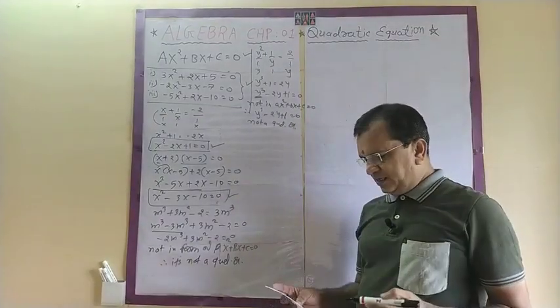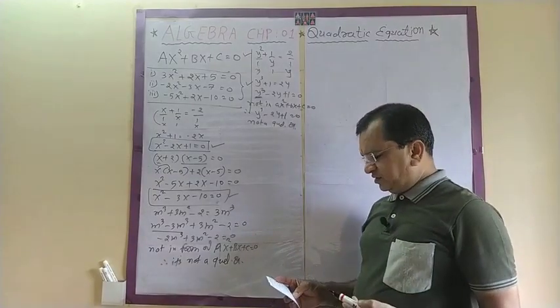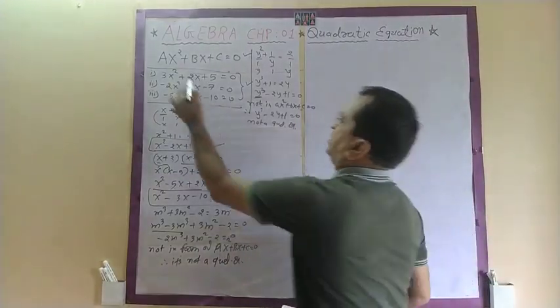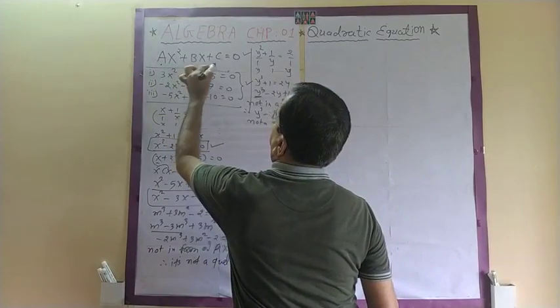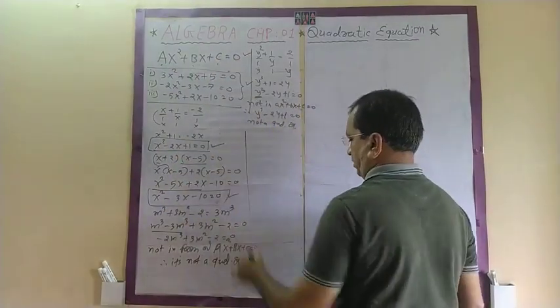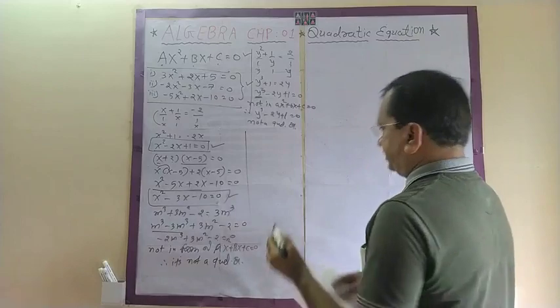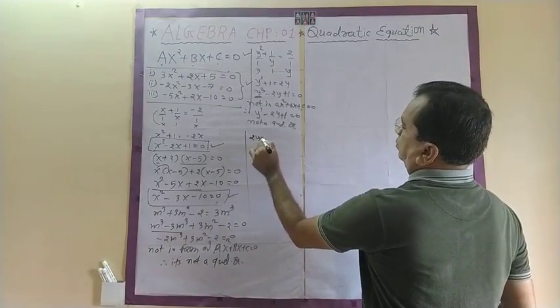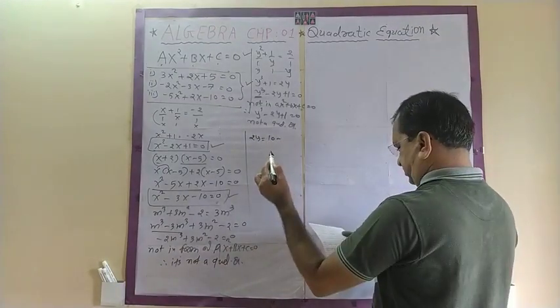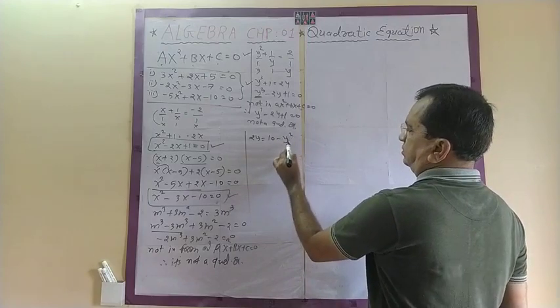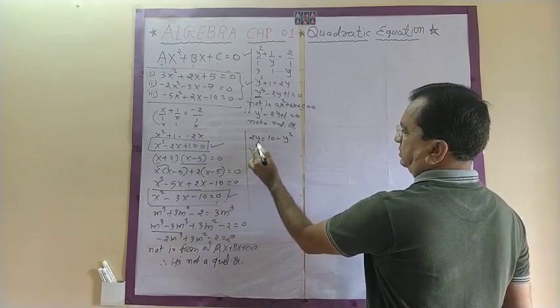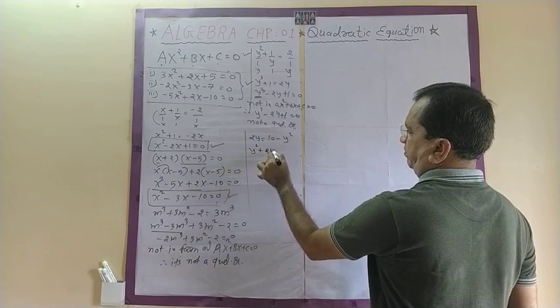Now we have to find out the a, b and c coefficients. For example, 2y is equal to 10 minus y square. This comes this side, so it becomes plus. This will remain here, so plus.